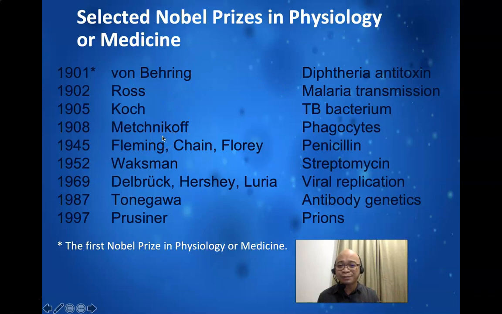Alexander Fleming won the Nobel Prize for penicillin. And then Prusiner was able to discover prions. What are prions? I will be including prions in the animations in future modules. So take a look. What are prions? Prions are even smaller than viruses.